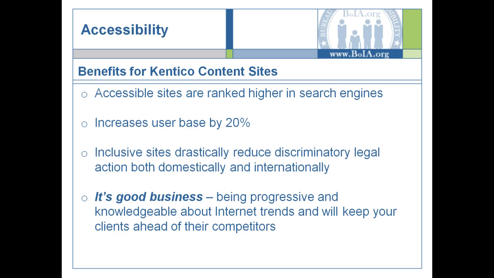A search engine is very similar to a reader. If the code is done properly and it's clean, your rankings will go up. It will also increase your user base by 20%. Globally, 20% of the population has some sort of visual or cognitive impairment.